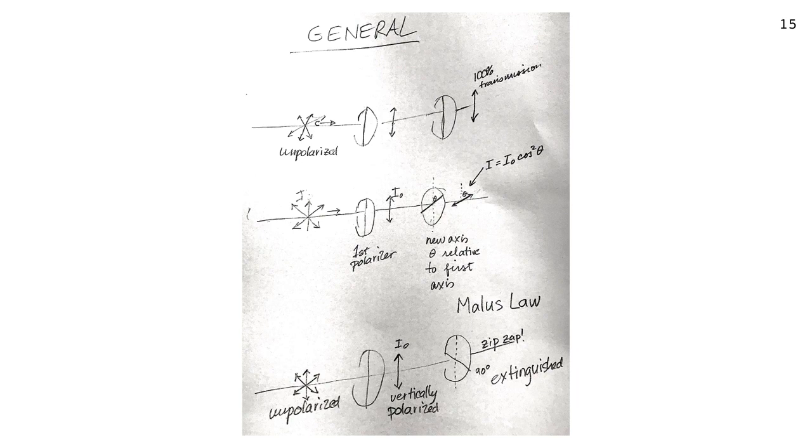Now, let's see if we can rotate the second polarizer 90 degrees. So that yellow tab, bring it 90 degrees. Let's see if we can extinguish. There it is. 90 degrees.